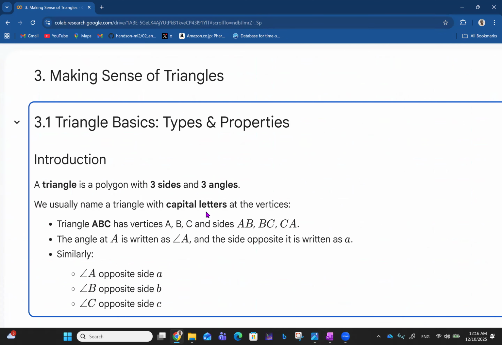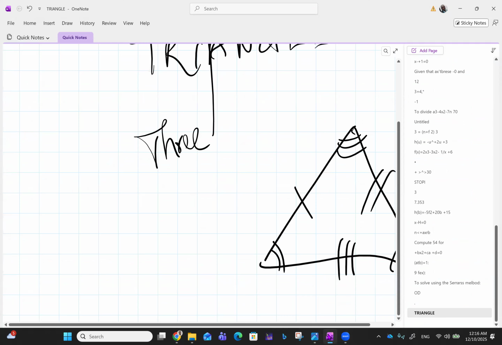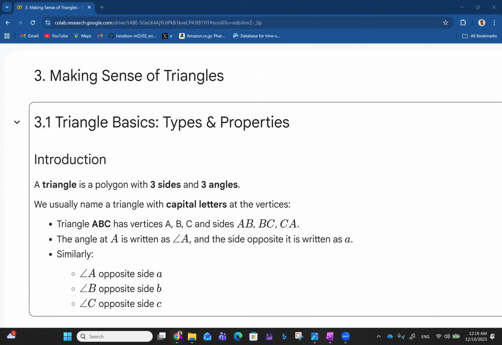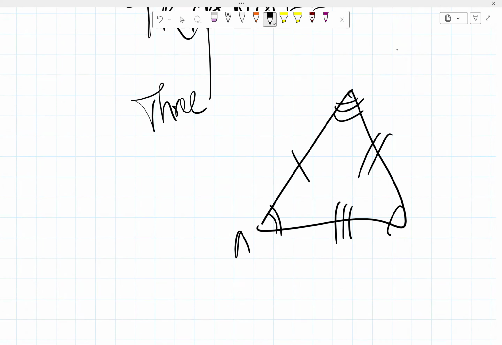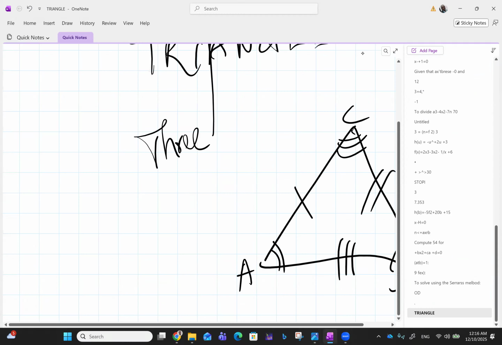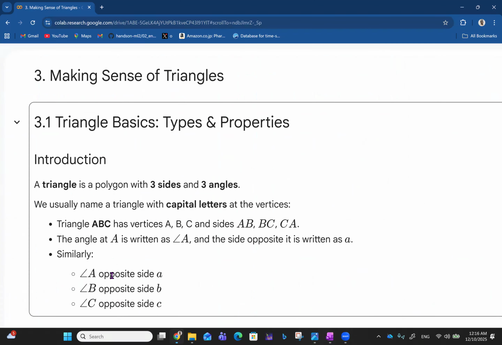We usually name a triangle with capital letters at the vertices. So if you want to name a triangle, you say triangle ABC. Your A can start from anywhere, but let's do ABC this way. So we use capital letters like that for triangles.